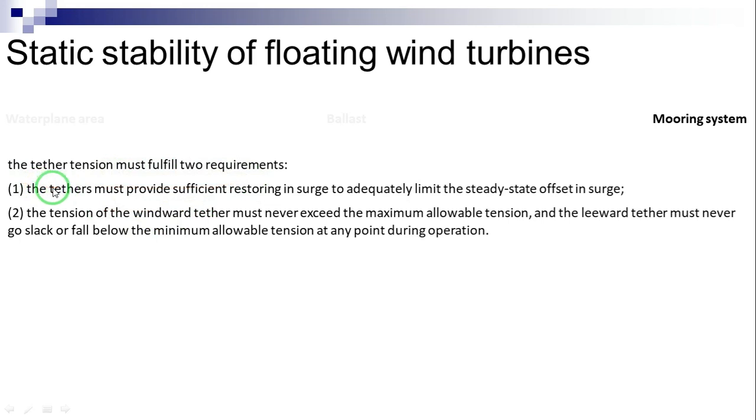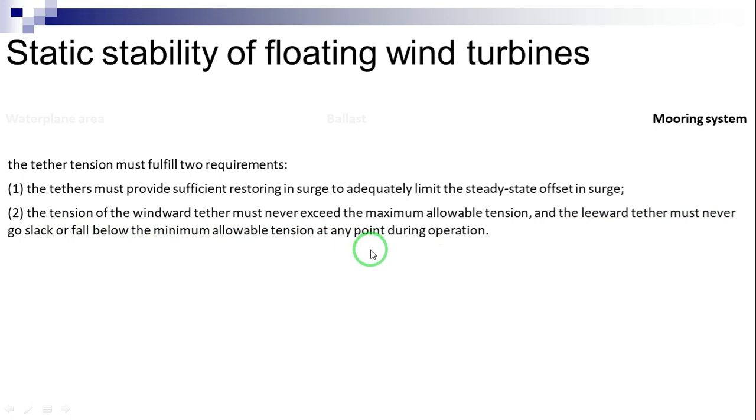First, the tethers must provide sufficient restoring in surge to adequately limit the steady state offset in surge. Second, the tension of the windward tether must never exceed the maximum allowable tension, and the leeward tether must never go slack or fall below the minimum allowable tension at any point during operation.